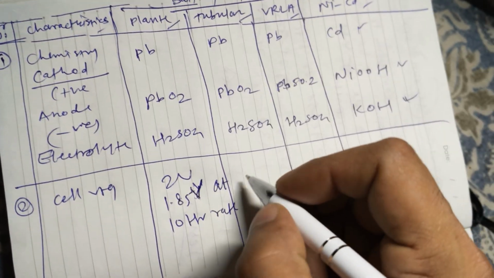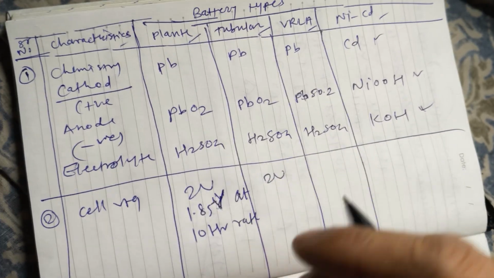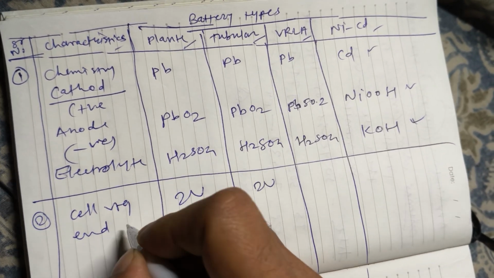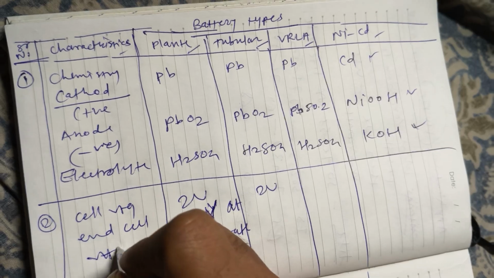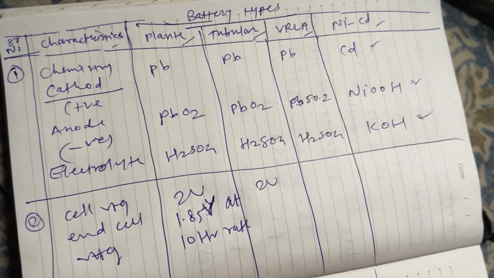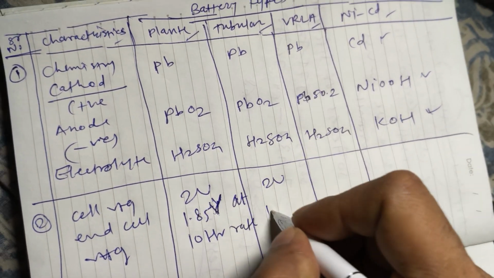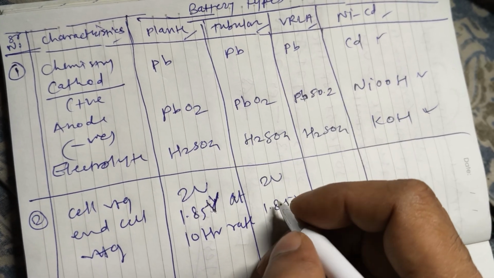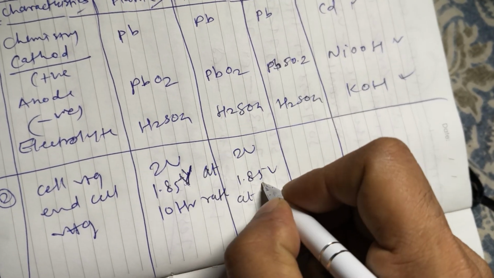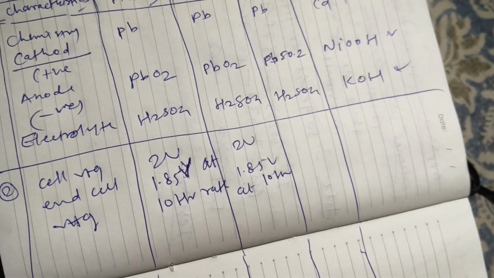Here tubular battery has 2 volts cell voltage. Same parameters, 1.85 volt at 10 hours.